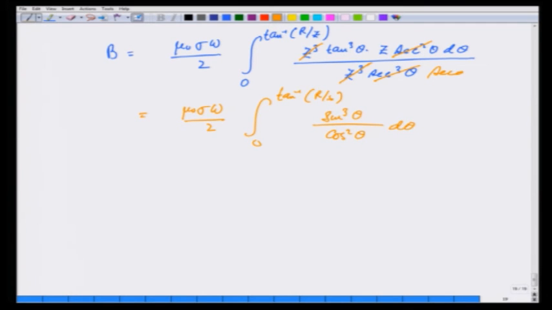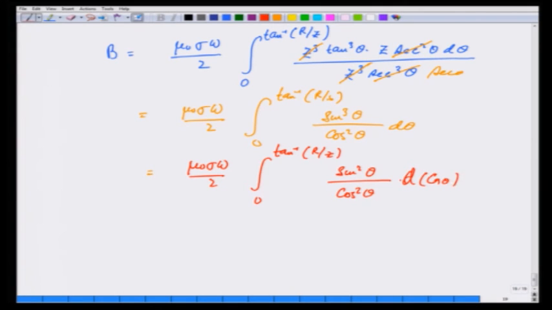This is an easy integral to calculate. I can write this as equal to mu 0 sigma omega over 2 integral 0 to tan inverse r over z of sin square theta over cosine square theta times sin theta d theta, which I will write as d of cosine theta with a minus sign in front.